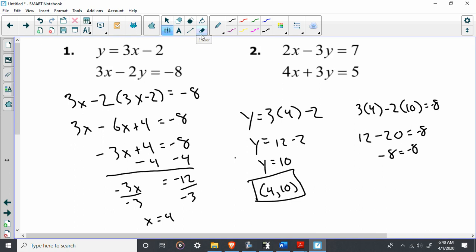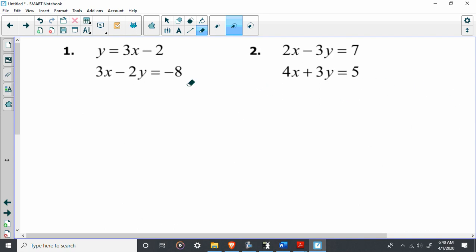Now, what if we wanted to put this into elimination form? For it to be in elimination form, we pretty much want it to look like this one over here, where the x's are stacked up, y's are stacked up, and numbers are stacked up. The more of these you do, the more familiar you get with it. This one is really not such a bad idea.